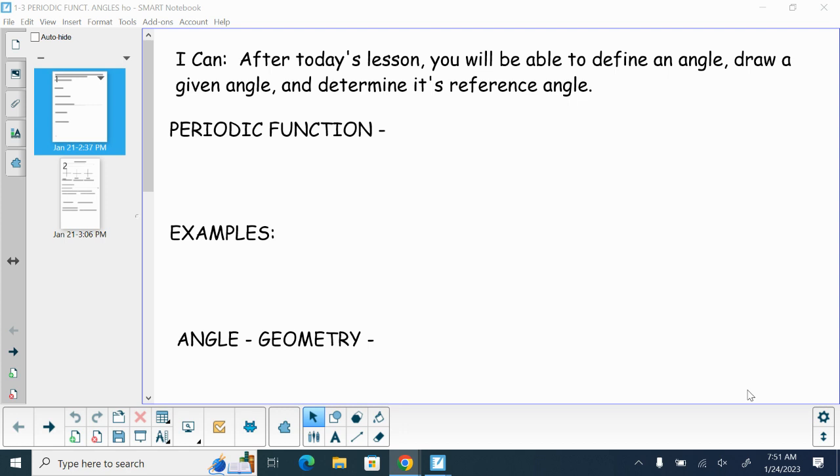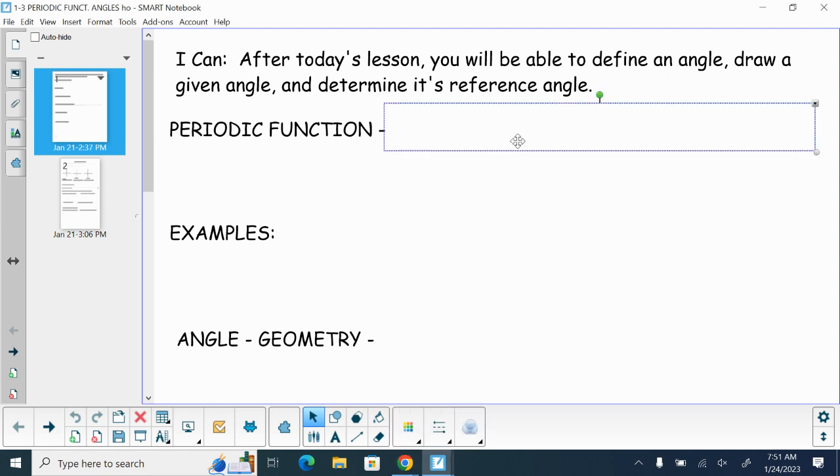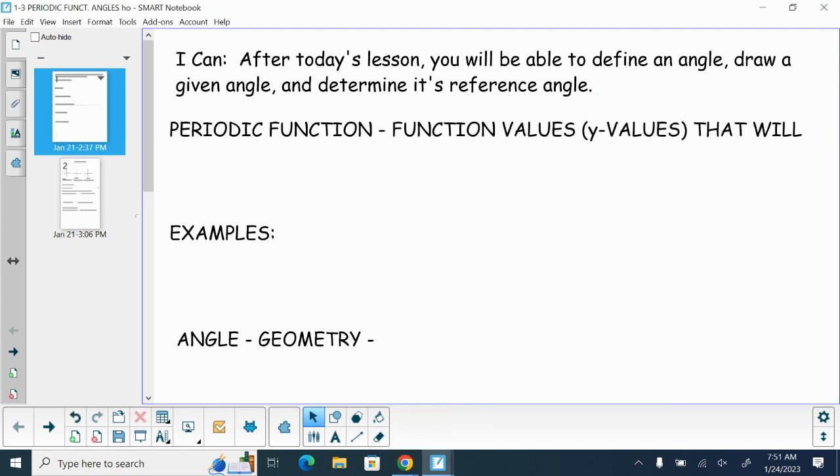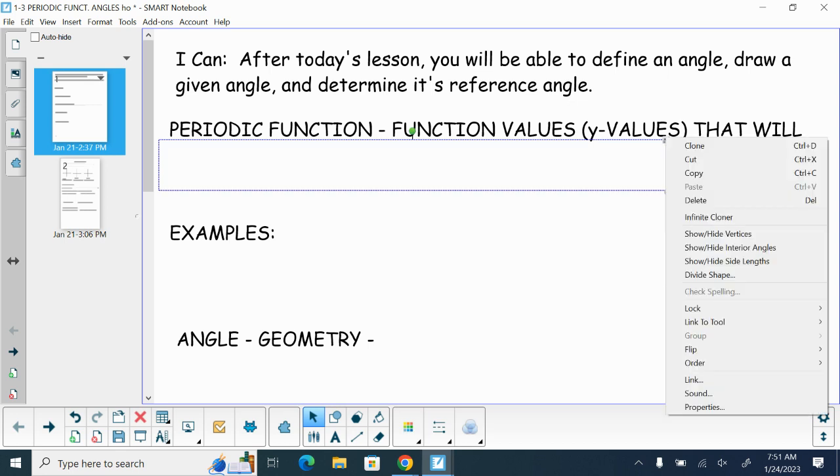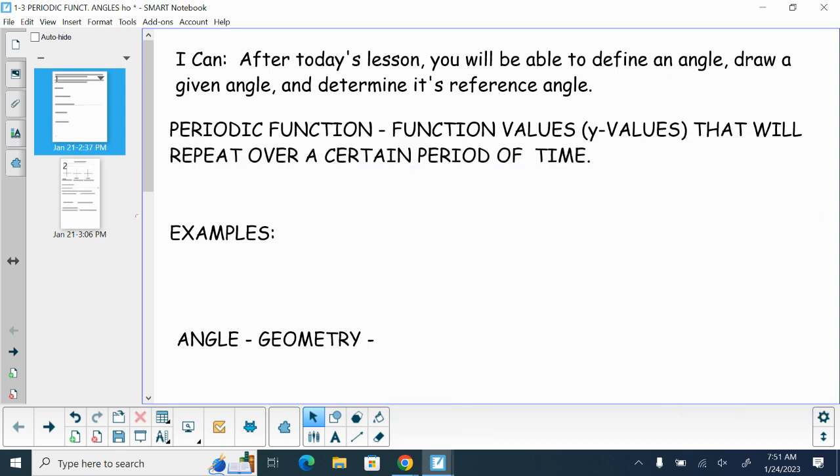When you talk about a periodic function, there are function values or y values that will repeat over a certain period of time or over a certain domain.